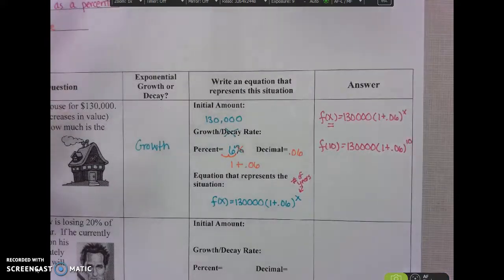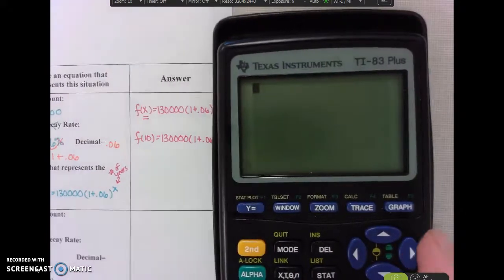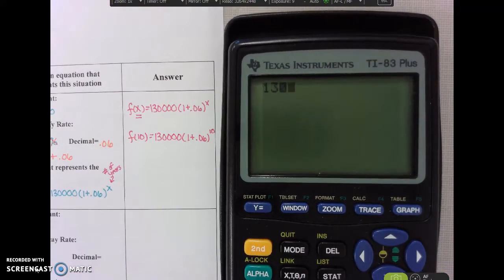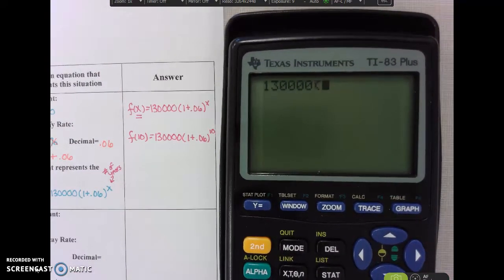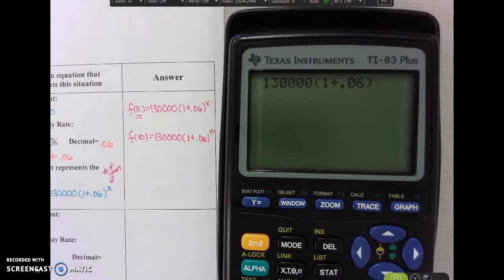Okay, so into my graphing calculator I'm going to go. I'll use the older one for this one. 130,000, parenthesis, 1 plus 0.06, parenthesis, up arrow key, parentheses, 10. And there's the value of my house.